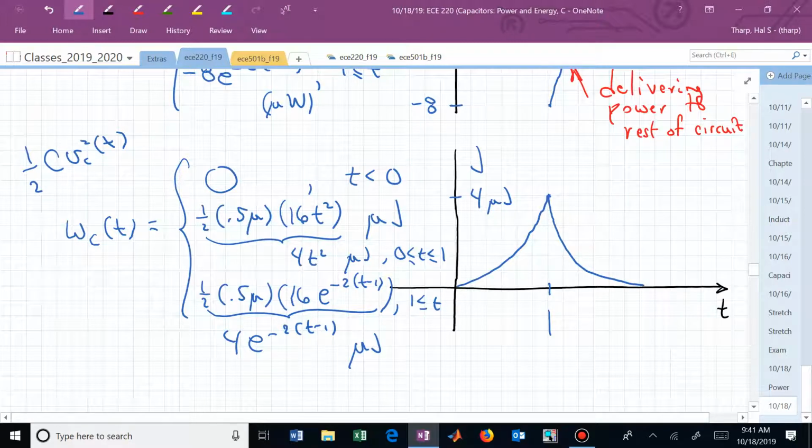So that diagram, or that waveform, should be a little non-symmetric. Should be non-symmetric relative to 1. The one side is a square shape, the other is an exponential. And here, what's happening? Now the capacitor is storing energy.